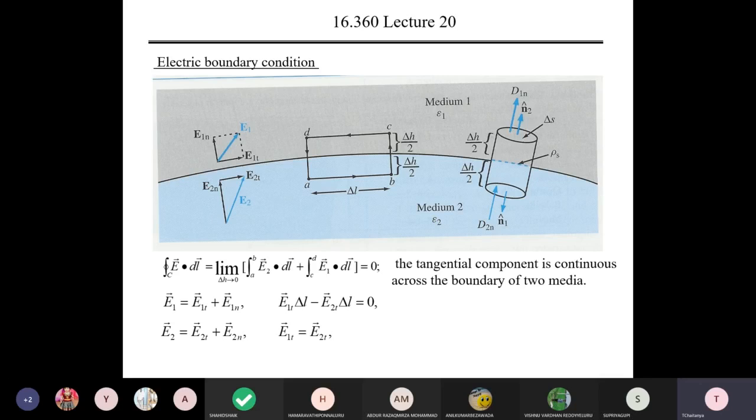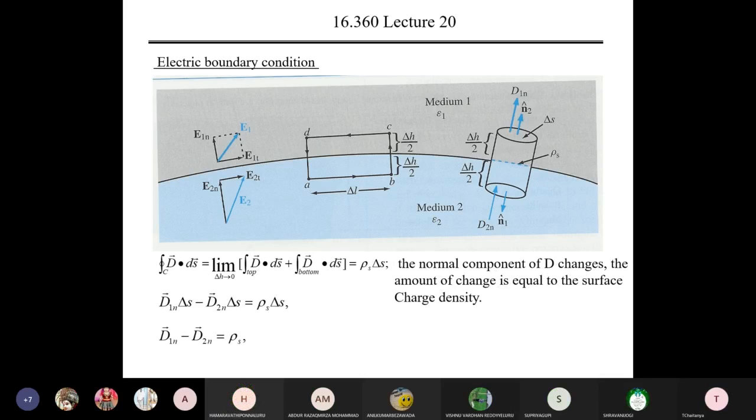Normal value means the electric field is orthogonal to the boundary. That kind of field is considered normal, and the normal value is indicated by En.